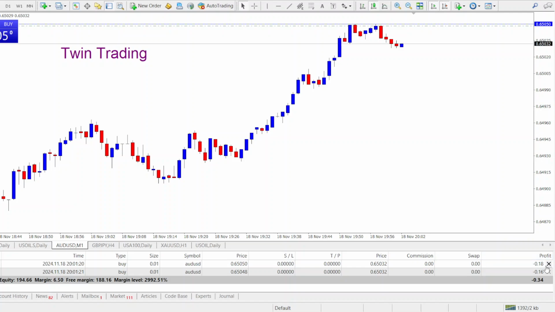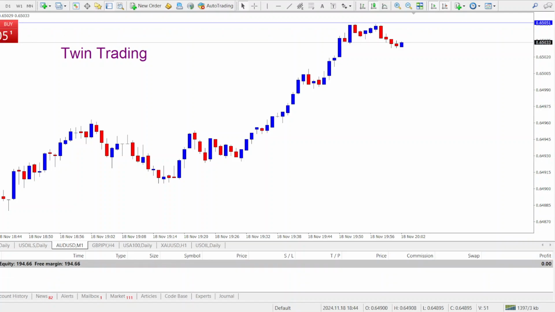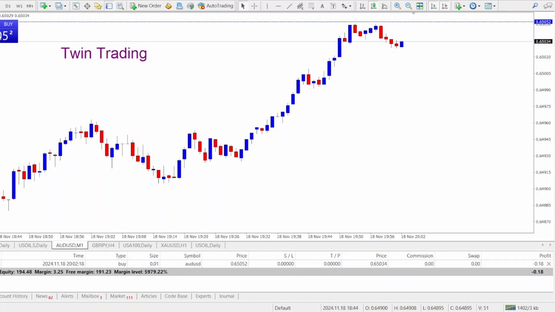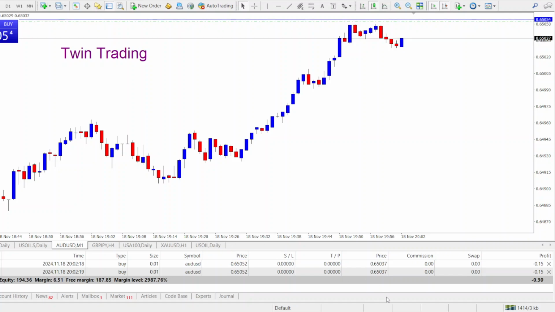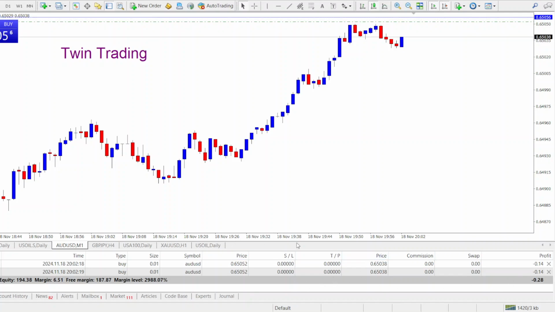Okay, let's just try that again. Okay, yeah, we have two identical trades now. You can see this is identical, the same entry point. Okay, now each of these trades serves a distinct purpose. All right, it allows you to balance profit potential with effective risk management.